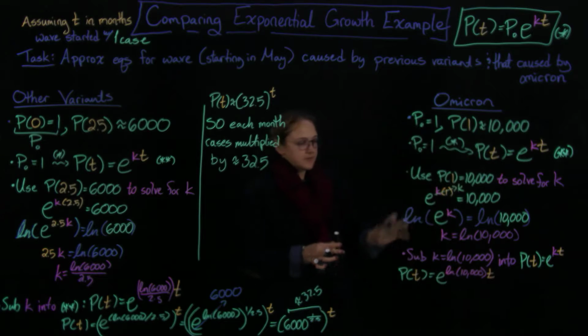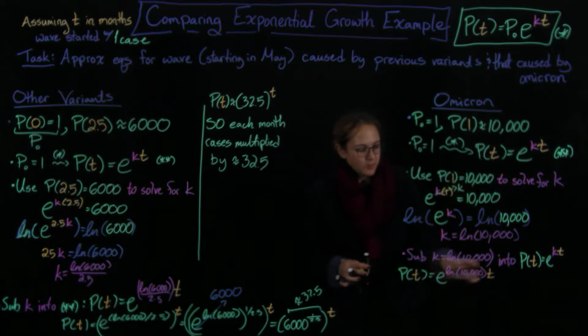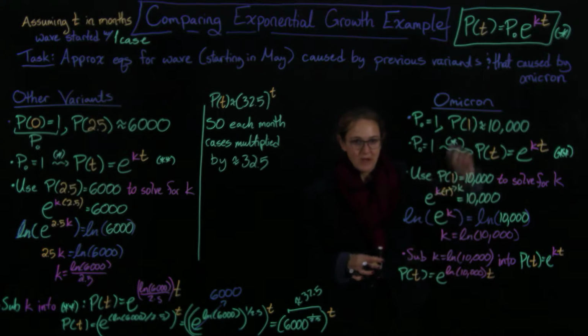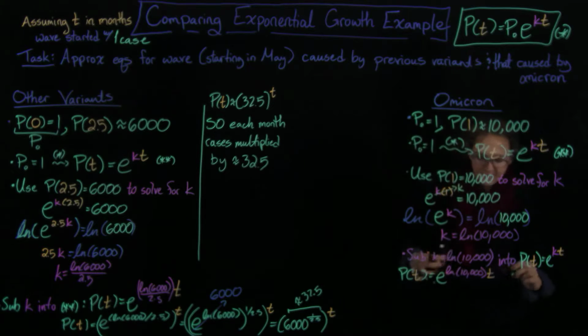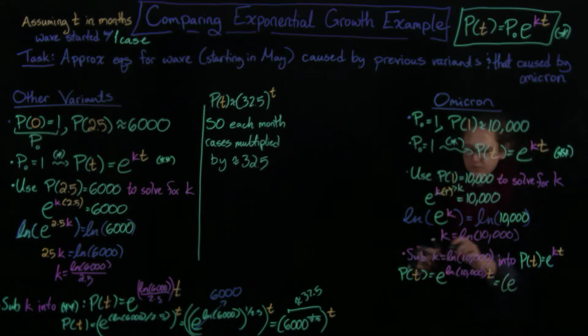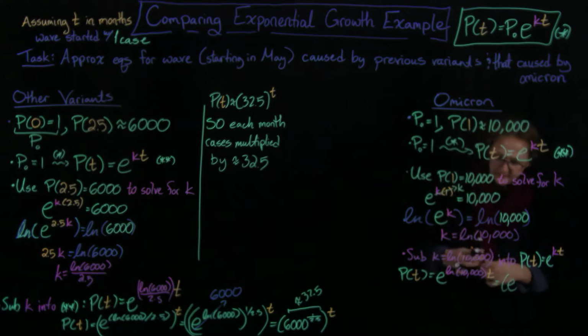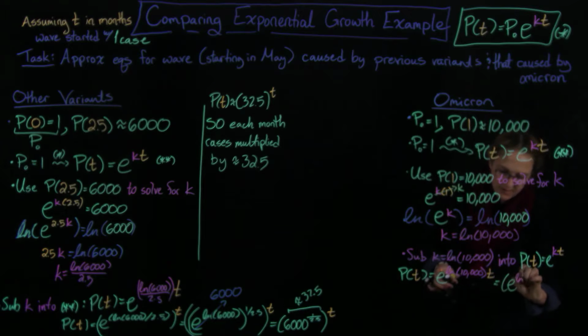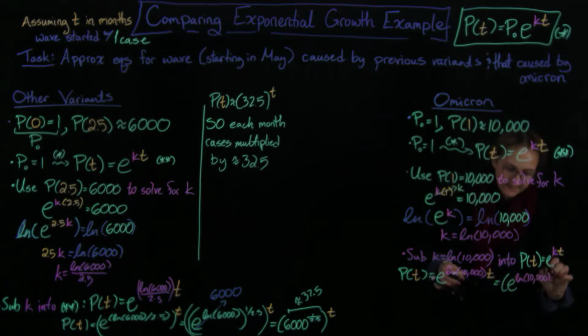And again, we can do this thing where we have a product in the exponent, so we can do to that power to that power. So this is going to equal e to the natural log of 10,000, and then it's going to go after that to the power t.